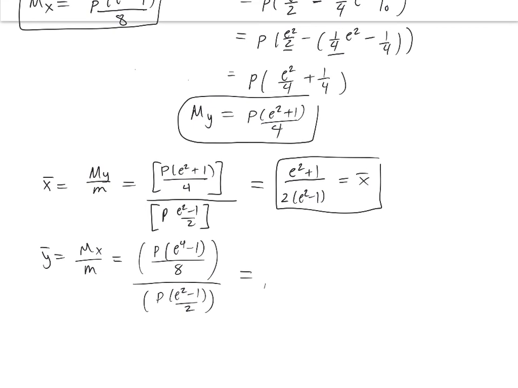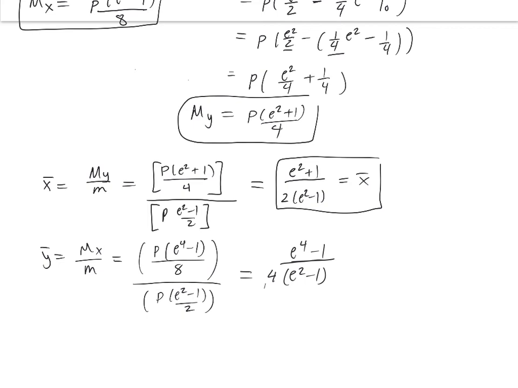So the rhos cancel, don't they? We definitely have an e to the fourth minus 1 over e squared minus 1. There's also a number in the denominator. What's it going to be? 4. Okay, awesome. For the test, there'll be one problem like this.